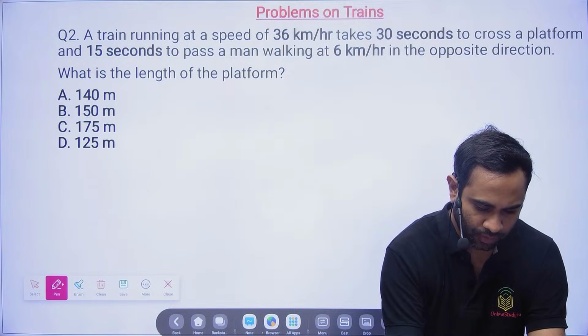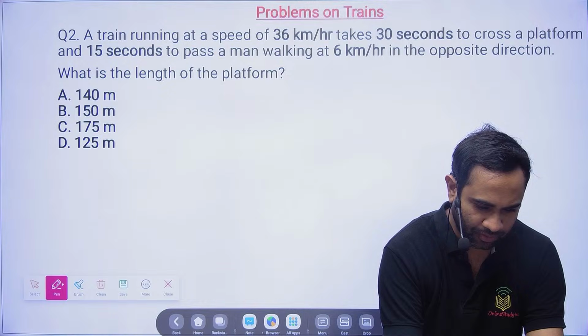Okay, so let's see how many of you are able to solve. I did not get any answer.